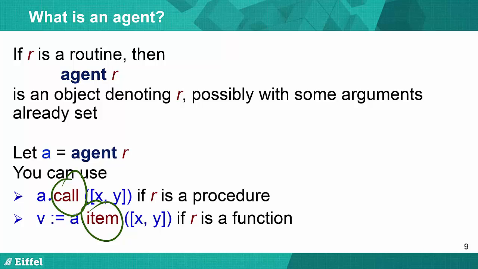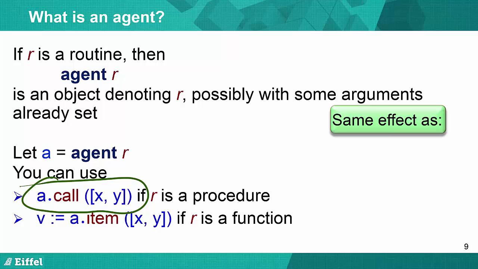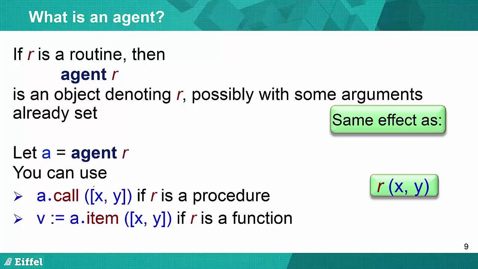If R is a function, its purpose is to return a result, and so in that case we can use item. So if I do a.call of x and y, the tuple xy, it's equivalent, if I knew what the routine R was, to directly calling R with the arguments x and y. And you see why we need the tuple here in principle, because call is a completely general mechanism.